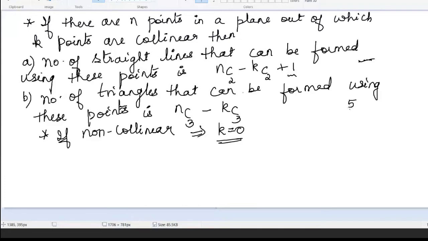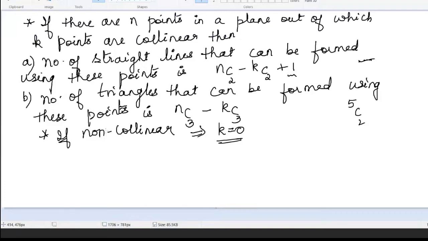Then my answer is just 5C2. I am not bothered about k, it is 0, and that plus 1 is also not there. That plus 1 is there only if k points are collinear. Got it? So if the word non-collinear is there, k will become 0; all the points are not lying on the same line.